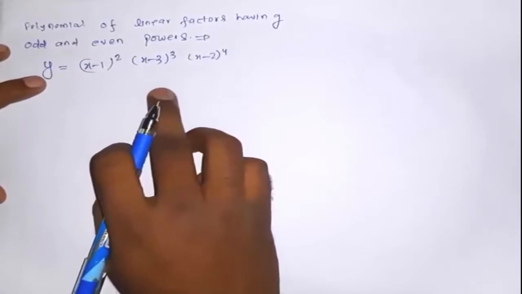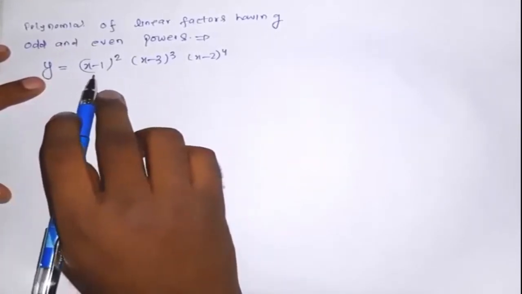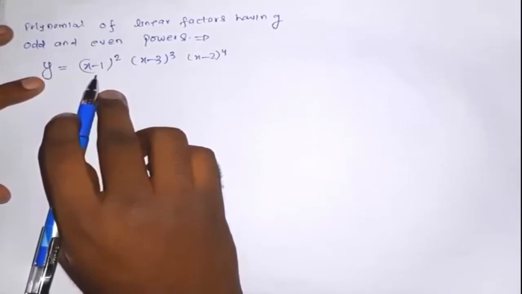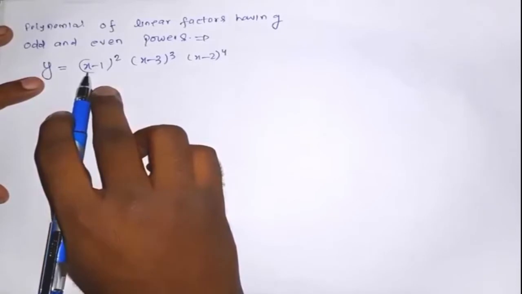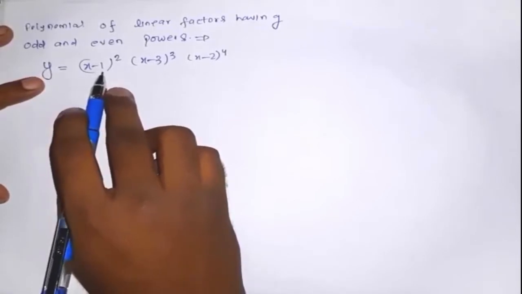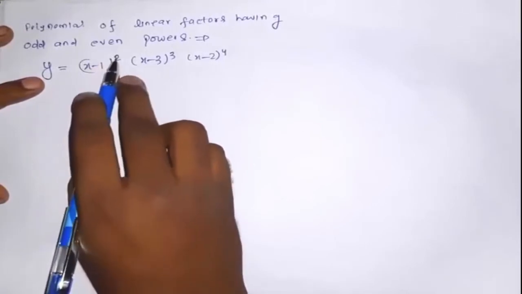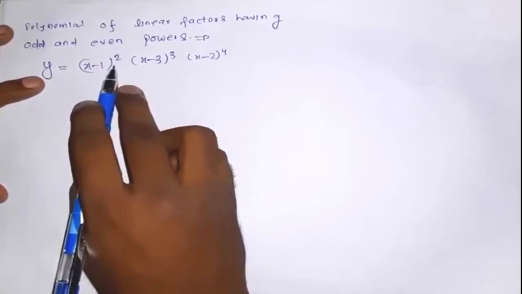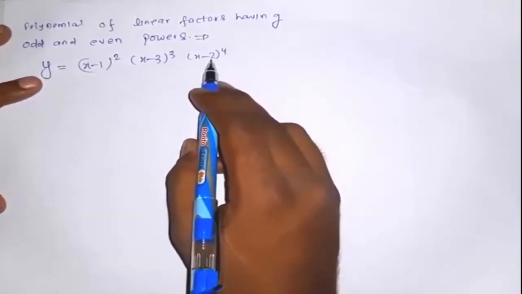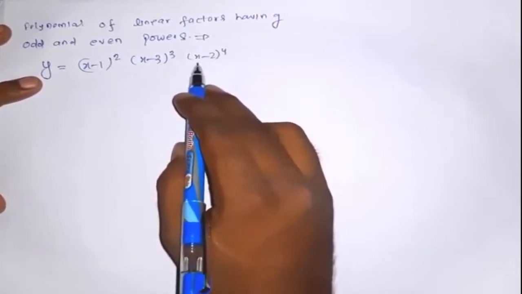Now first of all we have to identify the points of inversion. Points of inversion are the points for which the function changes its sign. So if we say that x equals 1 is a point of inversion, this is definitely wrong, because for every value of x, this factor will be positive, since the power is even.